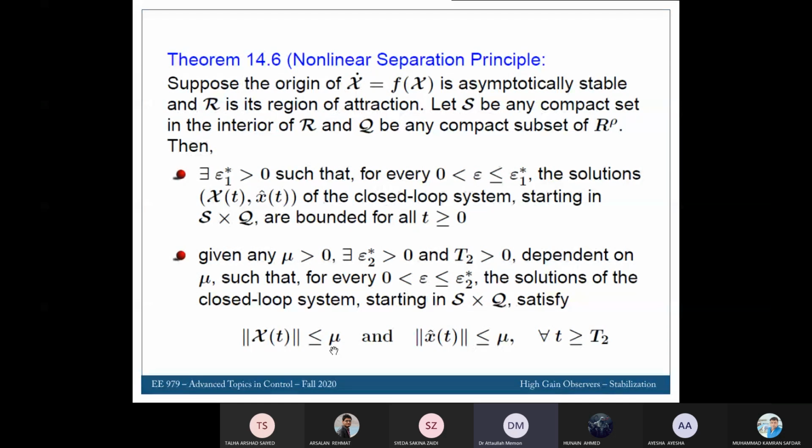Then the difference between the state feedback and the output feedback will remain bounded by mu.